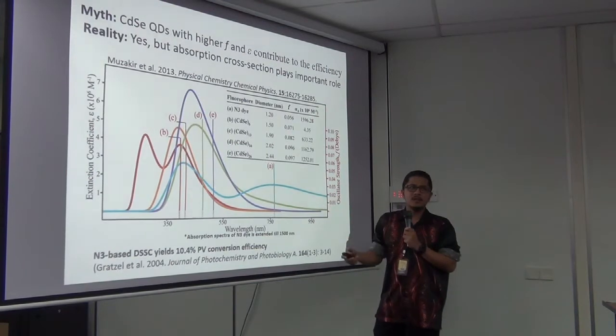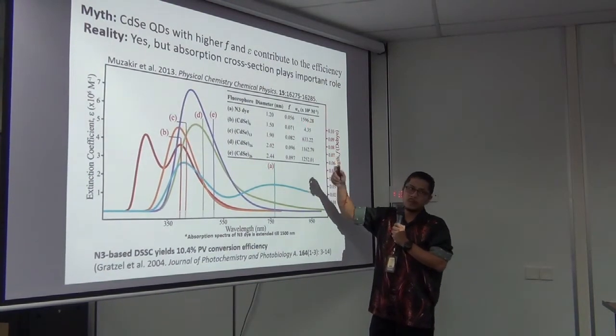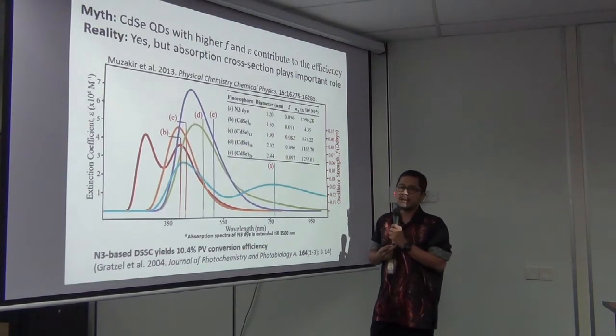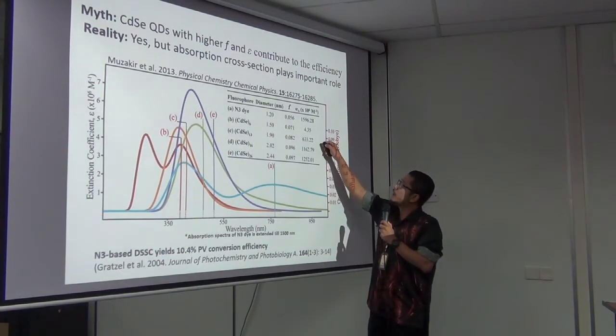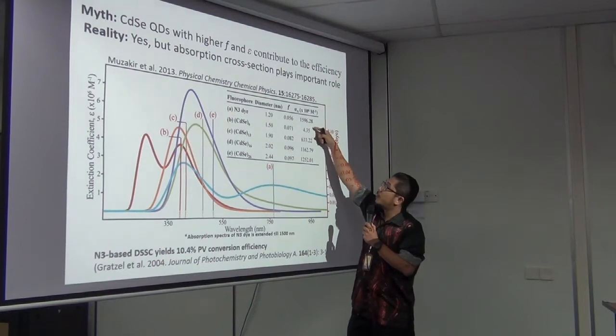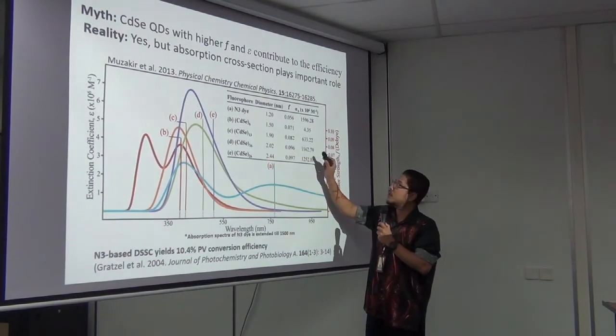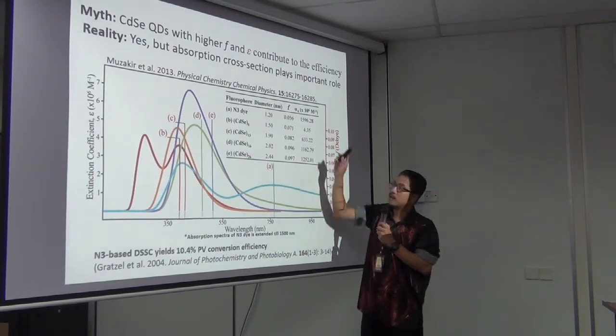We could use integration in Microcal Origin very easily. This is how I get this value using the integration function in Origin. So the area under the graph for the N3 dye is 1596.28, and if we compare with the other areas under the graph, it clearly shows that the N3 dye shows the best.